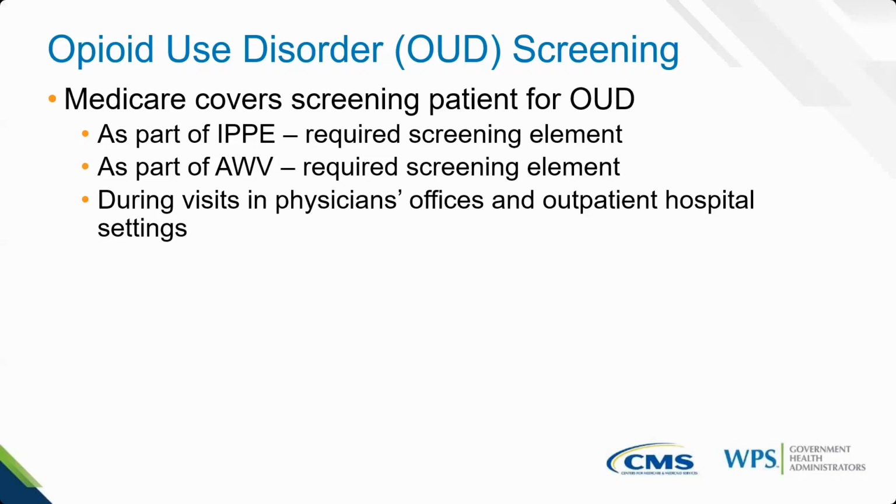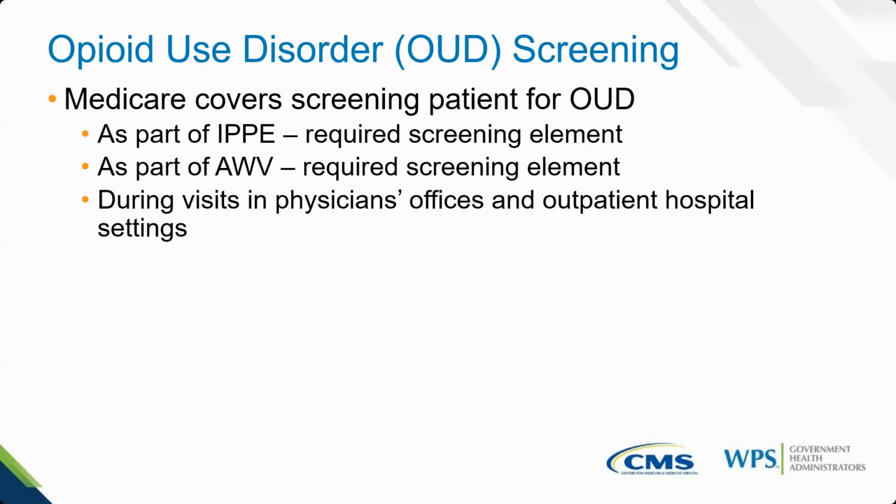Next, it is a required screening element as well for the annual wellness visit, so the AWV. Some of the areas in the AWV that we would be screening would include, during your health risk assessment and any additional components, looking for any of those substance use issues or opioid use disorder possibilities, or if it already exists, and then providing referrals for patients for treatment as appropriate.